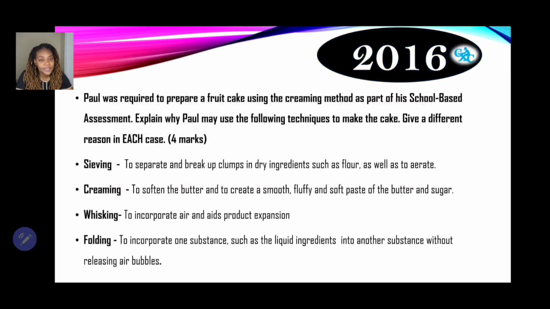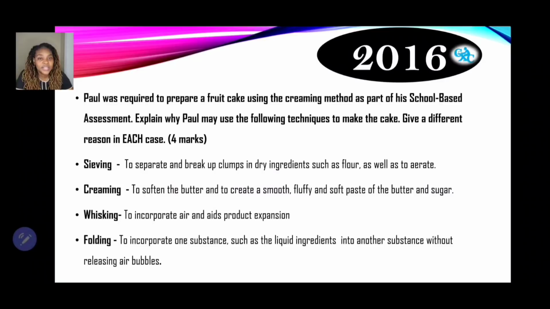All right. Let us move on to another question from 2016. Paul was required to prepare a fruit cake using the creaming method as part of his school-based assessment. Explain why Paul may use the following techniques to make the cake. Give a different reason in each case.